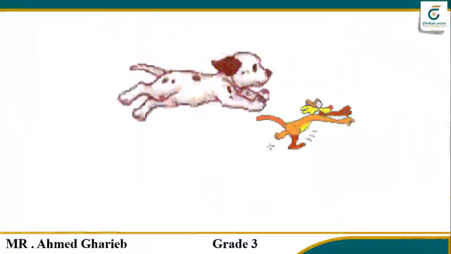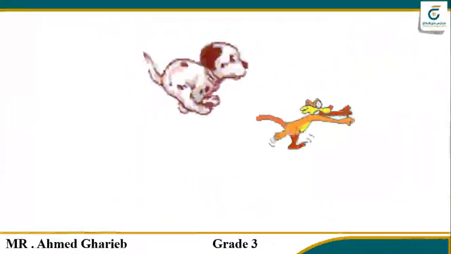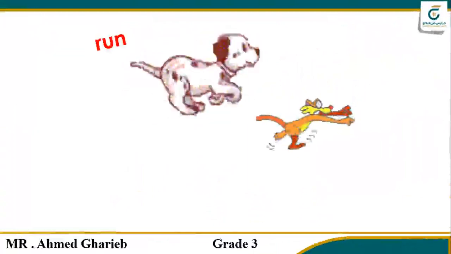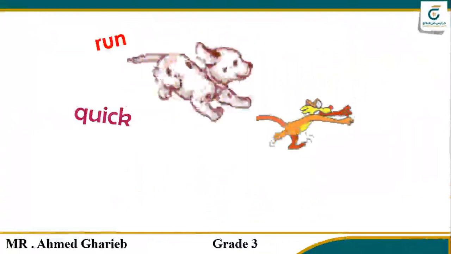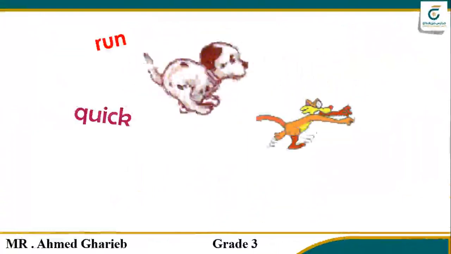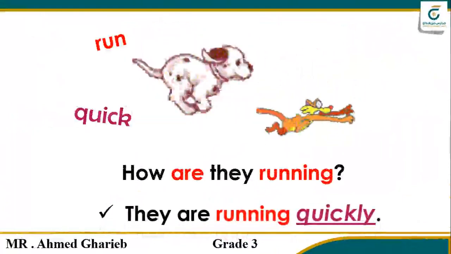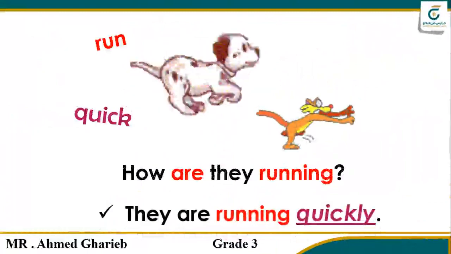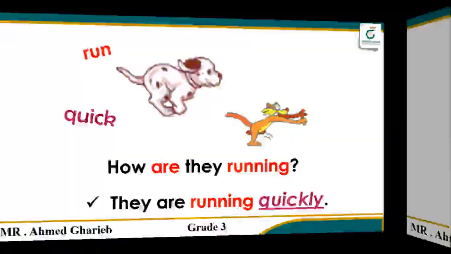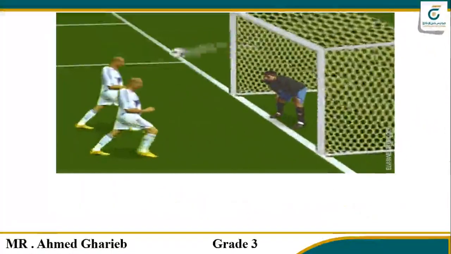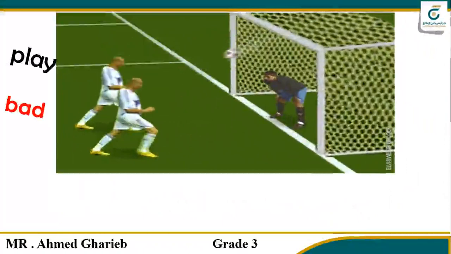Wow, they are so quick. We want to describe the verb run. How are they running? They are running quickly. We want to describe how they play.